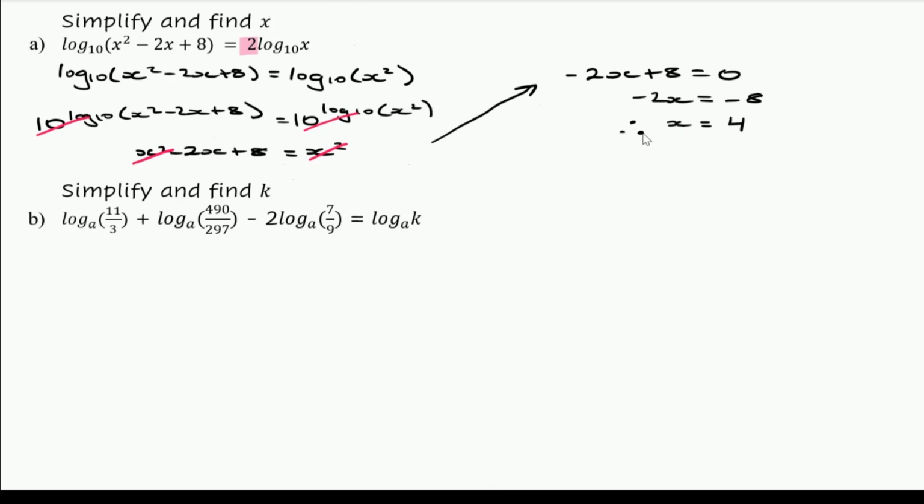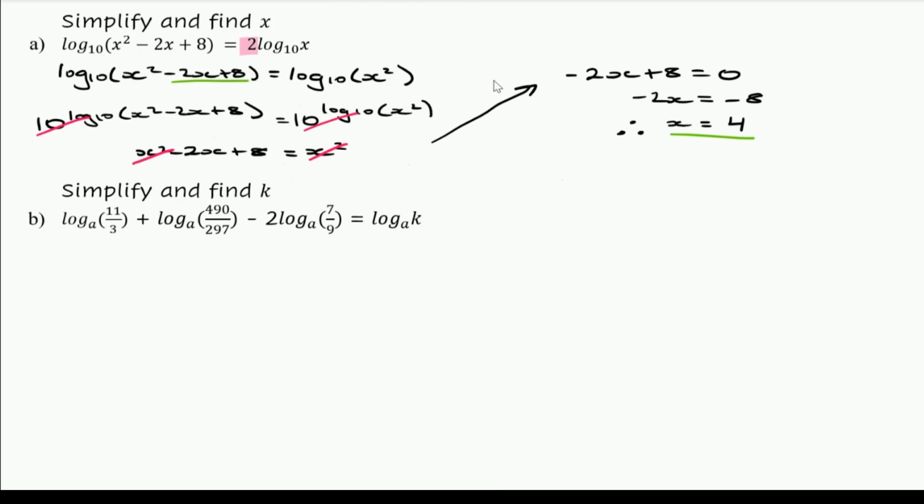So there you go, my answer is that x is equal to 4. Now if I wanted to, I could verify my answer by plugging this into here to see if it actually equaled my left hand side. So if I did want to do that, I can see here that just by putting this 4 into this part here, these two technically would disappear and I'd just be left with log 10 of x squared equal to log 10 of x squared.